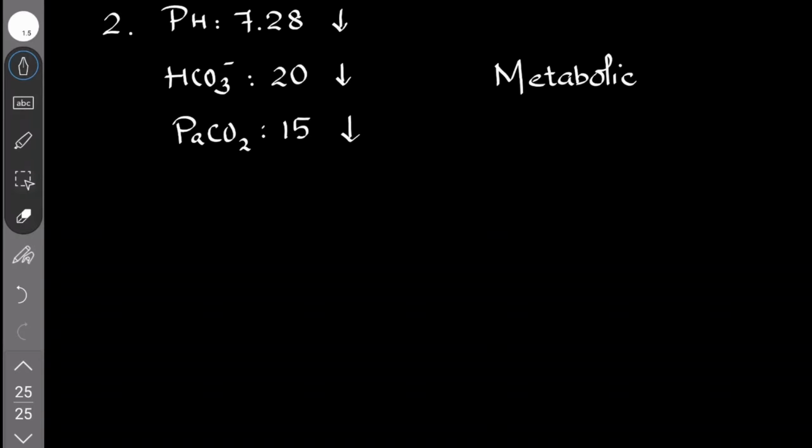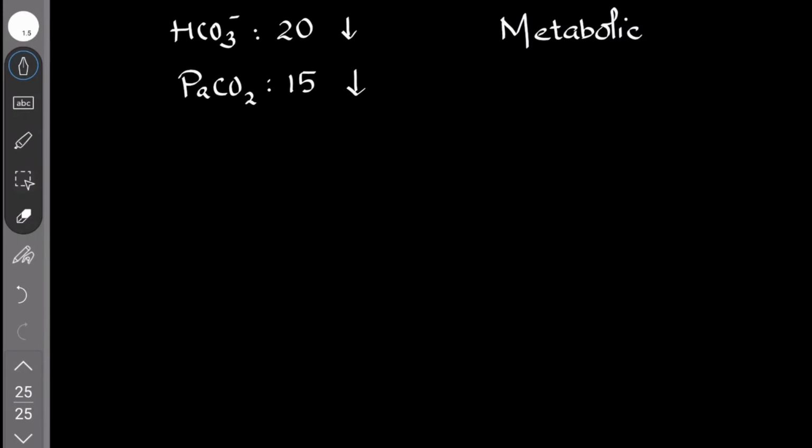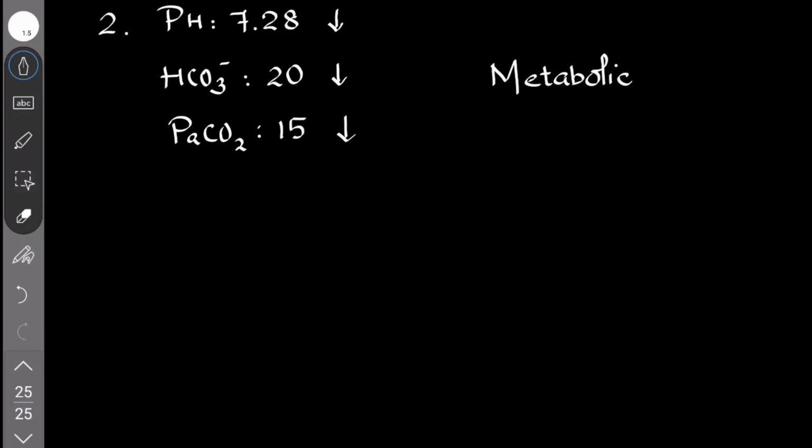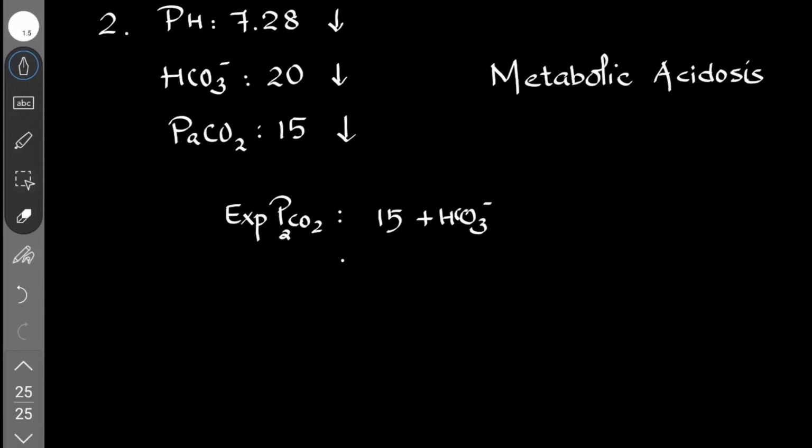As the first impression, we take it as a metabolic disorder, and we check whether it is acidosis. Yes, pH is less, so it's probably metabolic acidosis. We check the compensation. You can crudely write it as 15 plus bicarbonate. That is the expected compensation. So here comes 15 plus 20, that is 35.